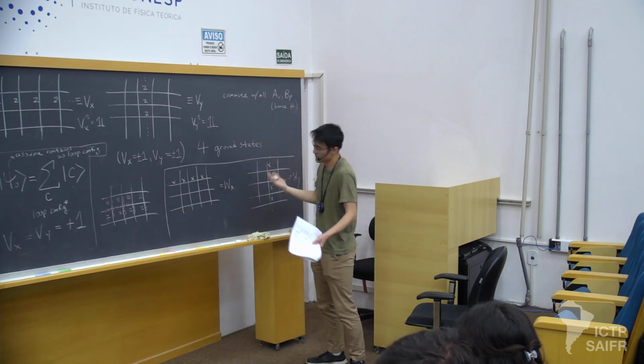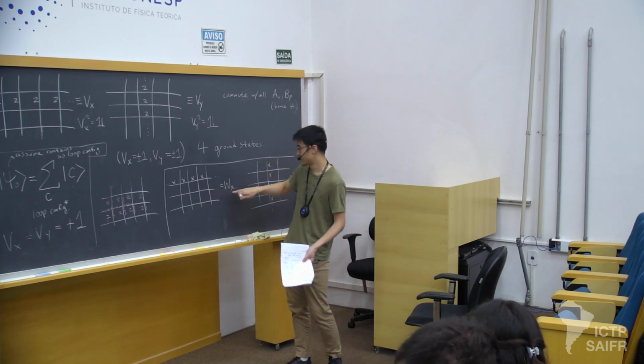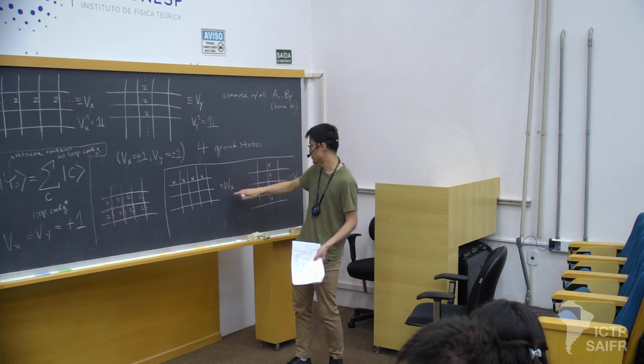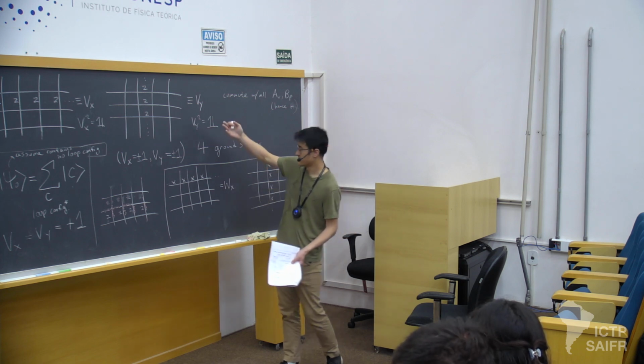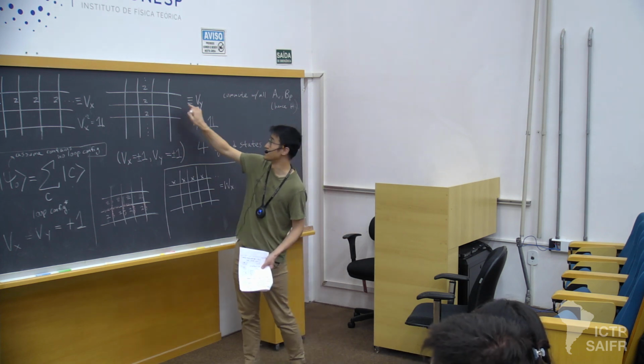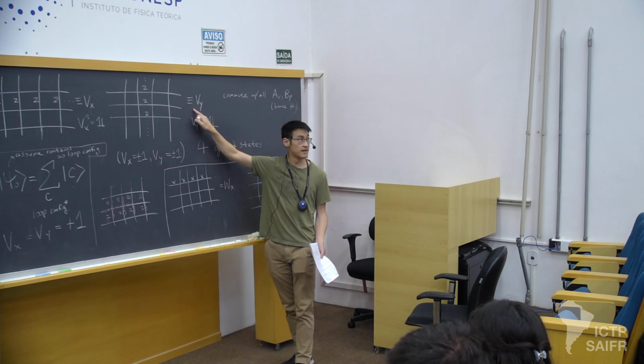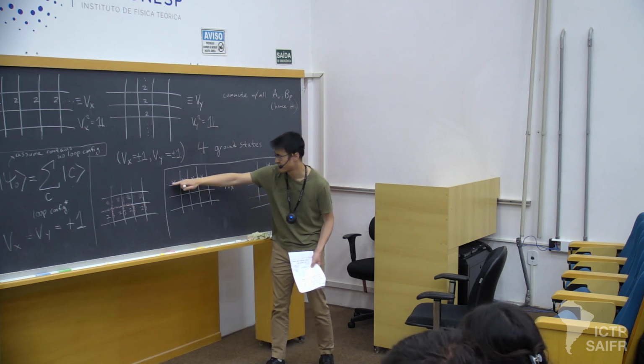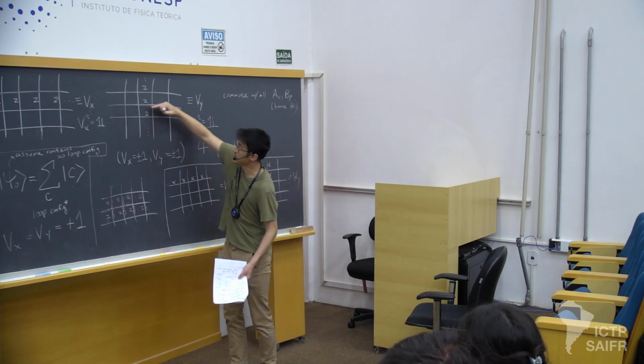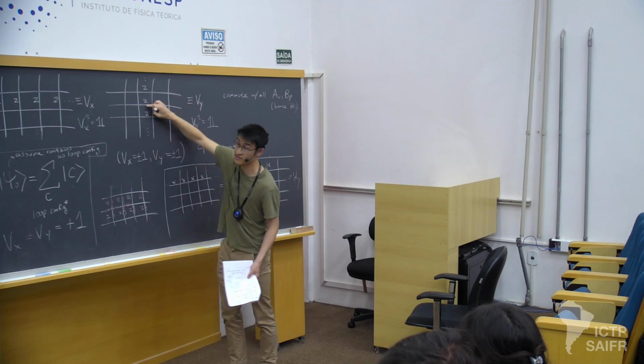The reason why this is so is because Wx will anti-commute with Vy. Wx is a product of x's here, and it'll hit Vy once.